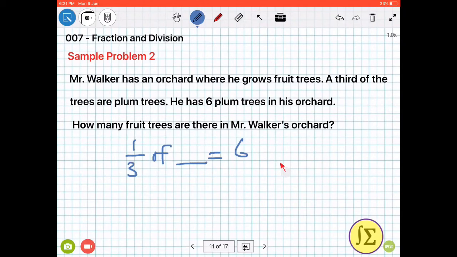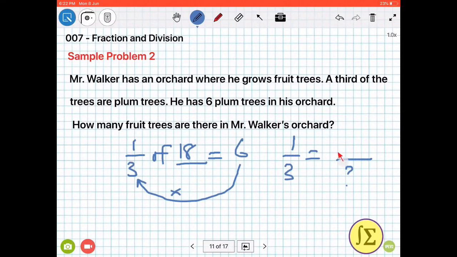Okay. So using the first method to find the total, you take the answer and multiply that by the denominator of the fraction. 6 multiplied by 3, you get 18. So that's the answer. Or we can use equivalent fractions. So we know 1 over 3 equals, we don't know the total. That's an unknown.